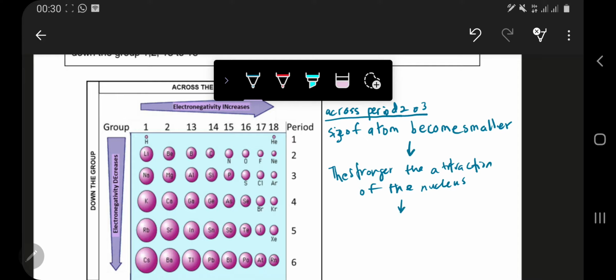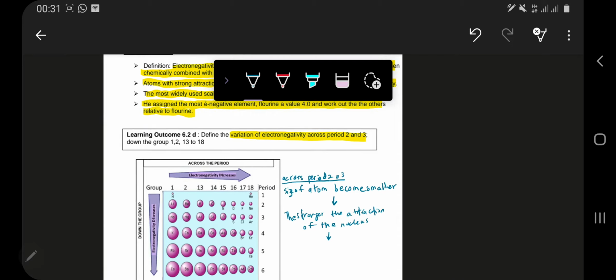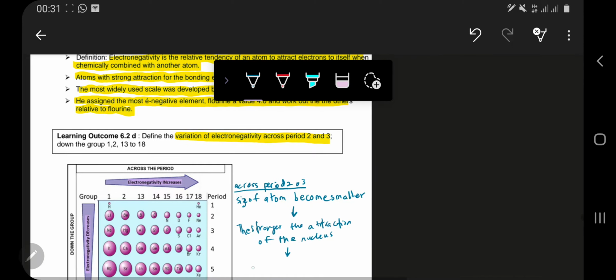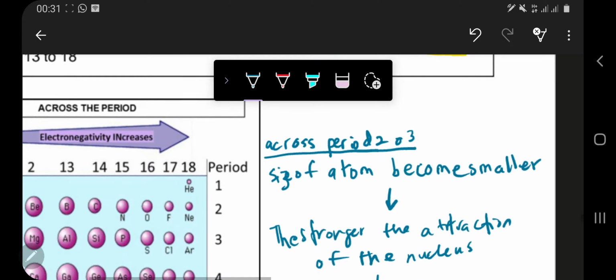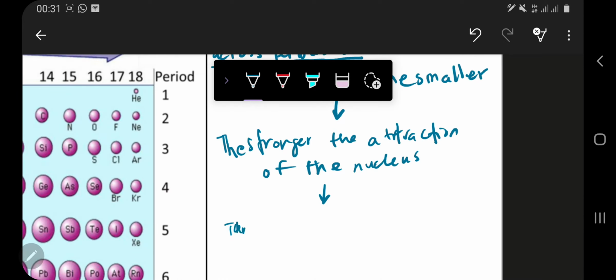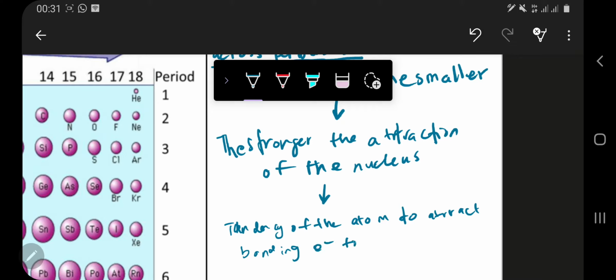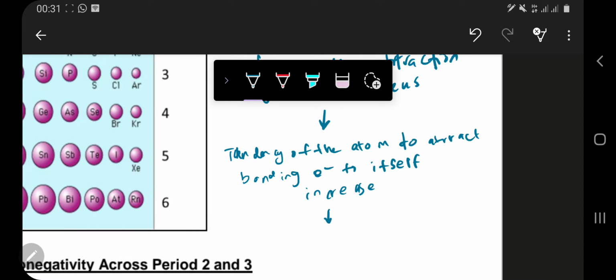So what happened is, we look at the definition: the tendency of the atom to attract bonding electron to itself increases. Therefore, electronegativity increases.